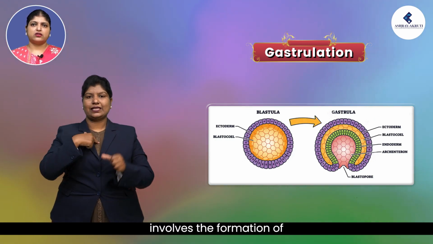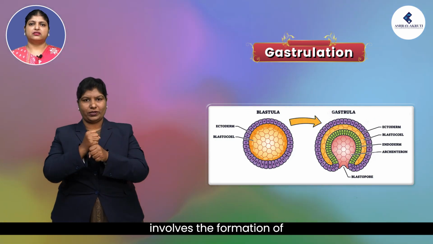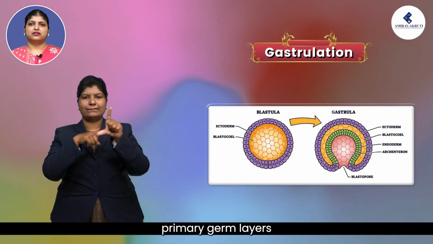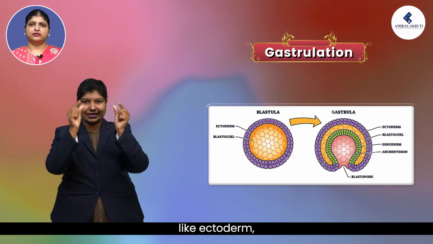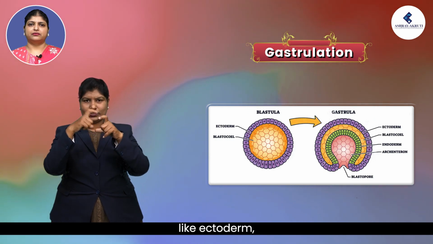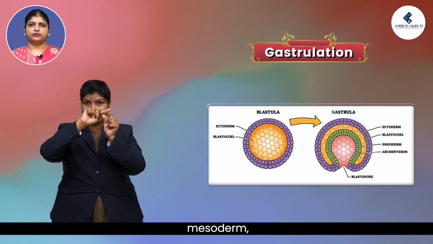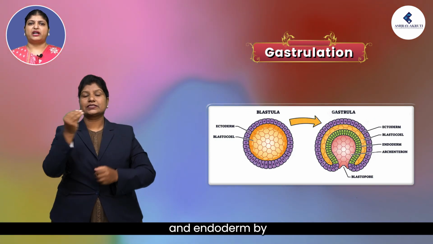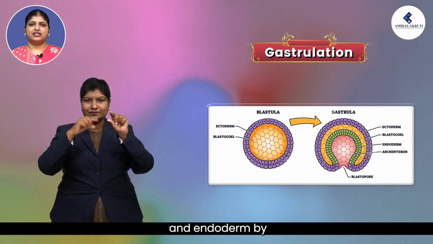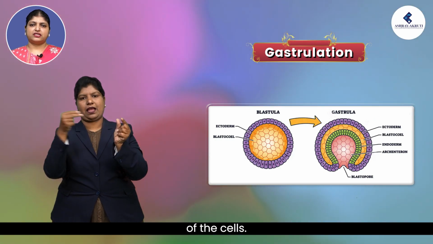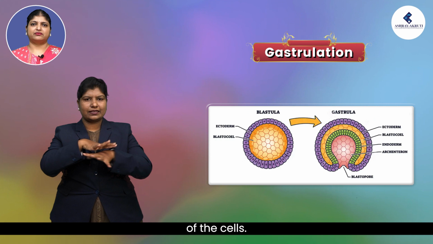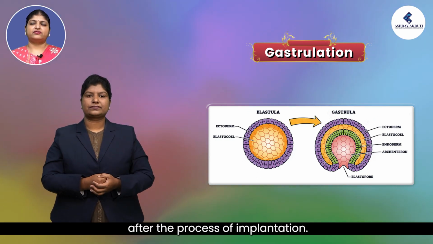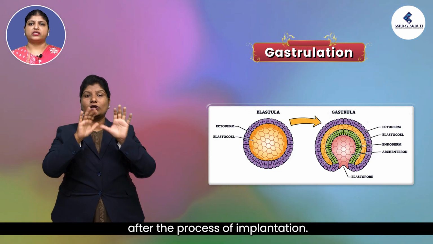This process involves the formation of primary germ layers like ectoderm, mesoderm and endoderm by rearrangement of the cells. This takes place after the process of implantation.